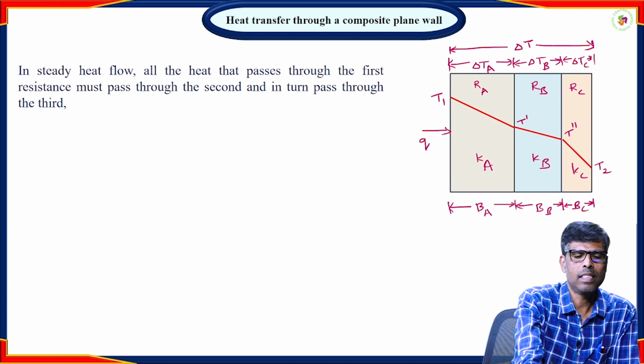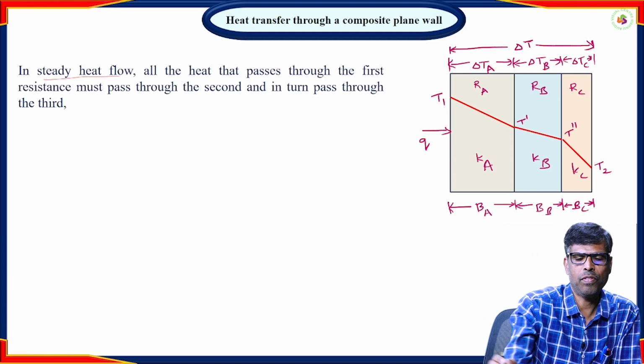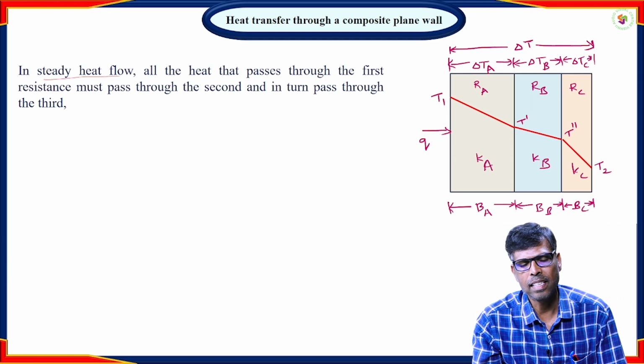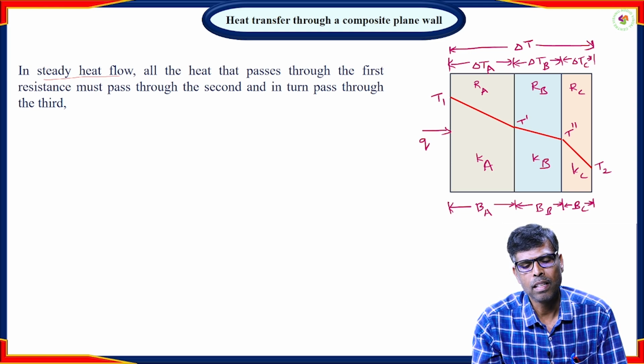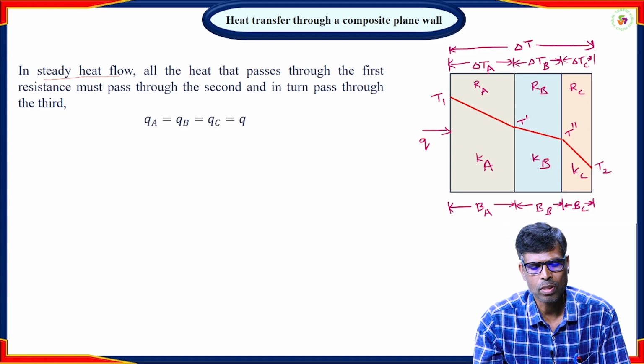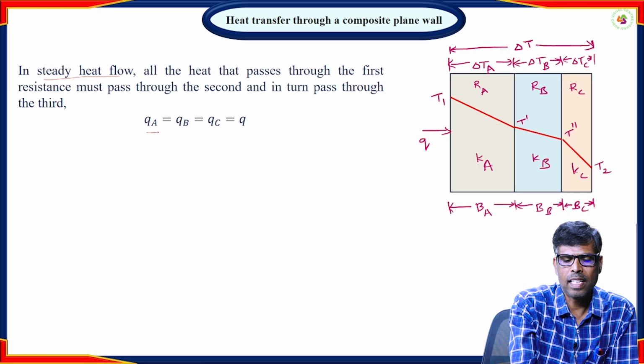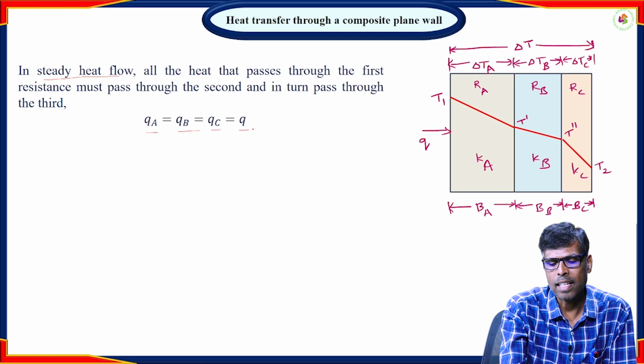At steady state, whatever heat is transferred through layer 1 is passing through layer B and layer C. At this steady state condition, the heat transfer rate through each layer is the same and is denoted as Q.